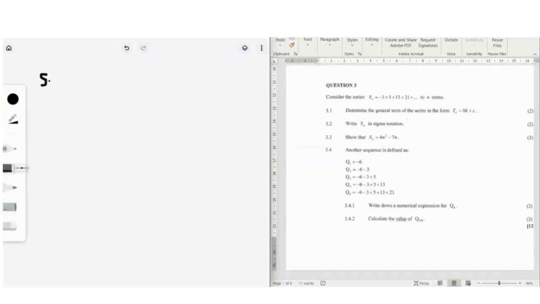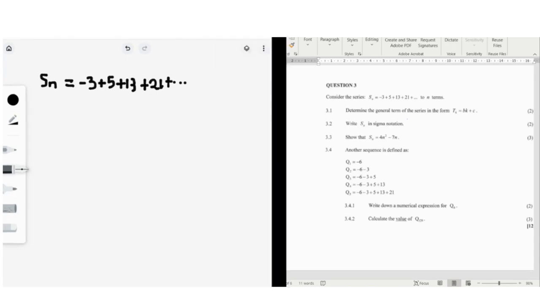We have Sn equals -3 plus 5 plus 13 plus 21 plus dot dot dot. The first question: determine the general term of the series in terms of tk.